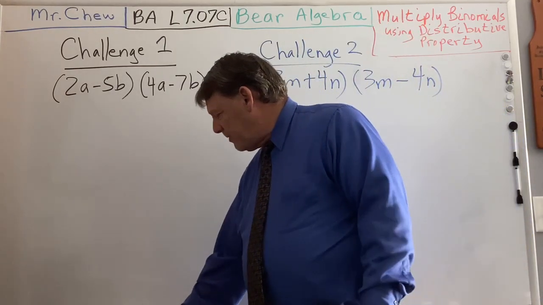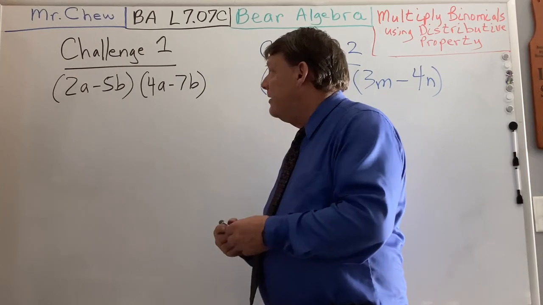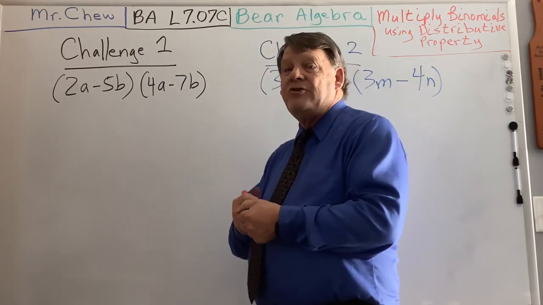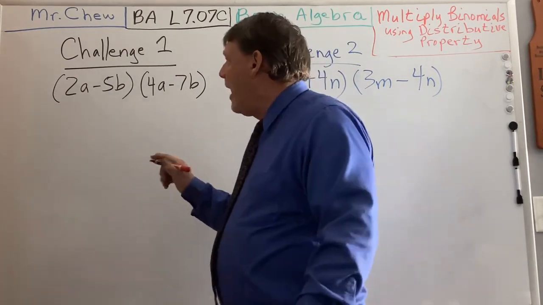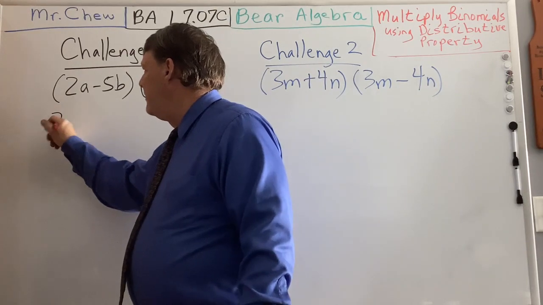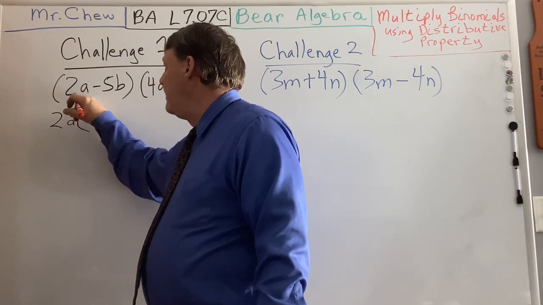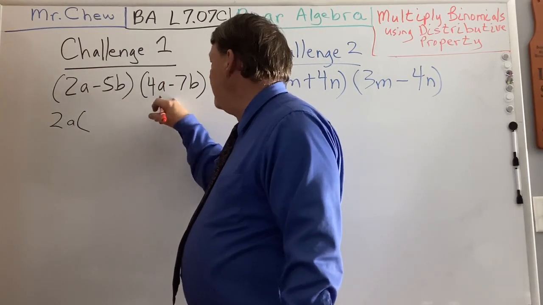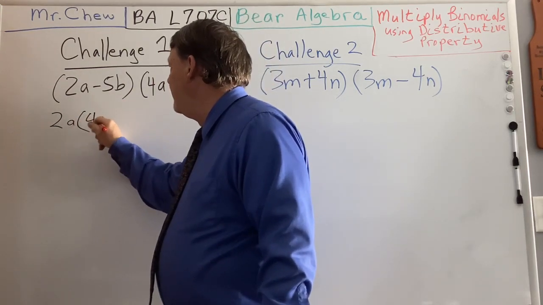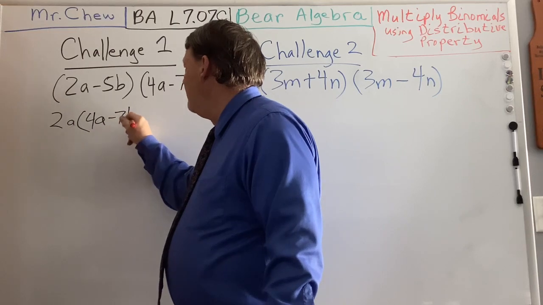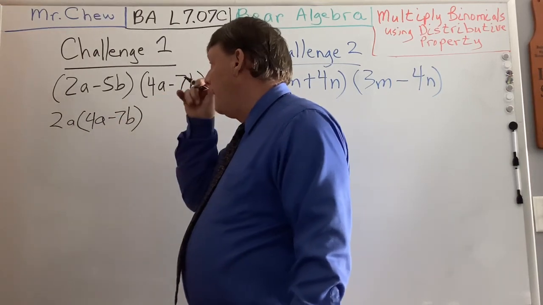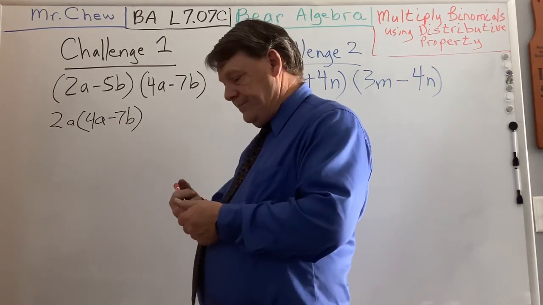When you use the distributive property, it's important that you understand that we're going to rewrite this problem with the first term, 2a, times the binomial, the second binomial.